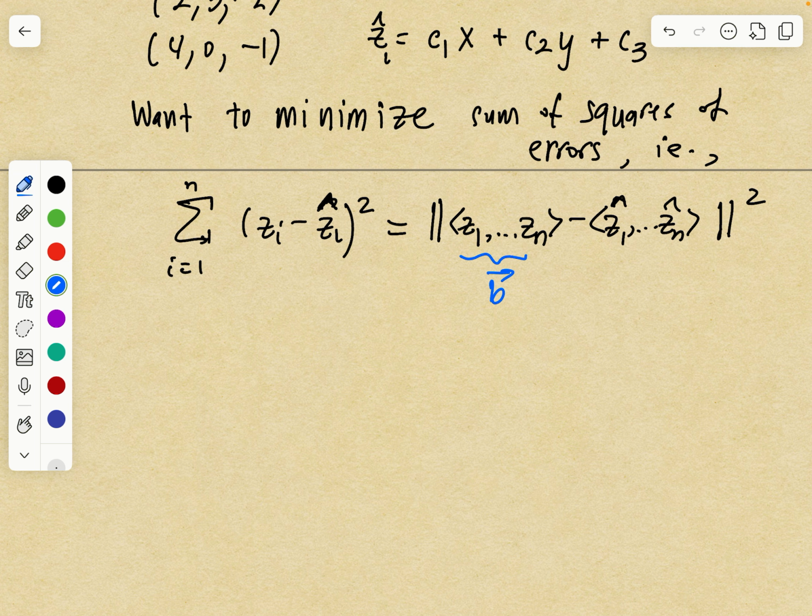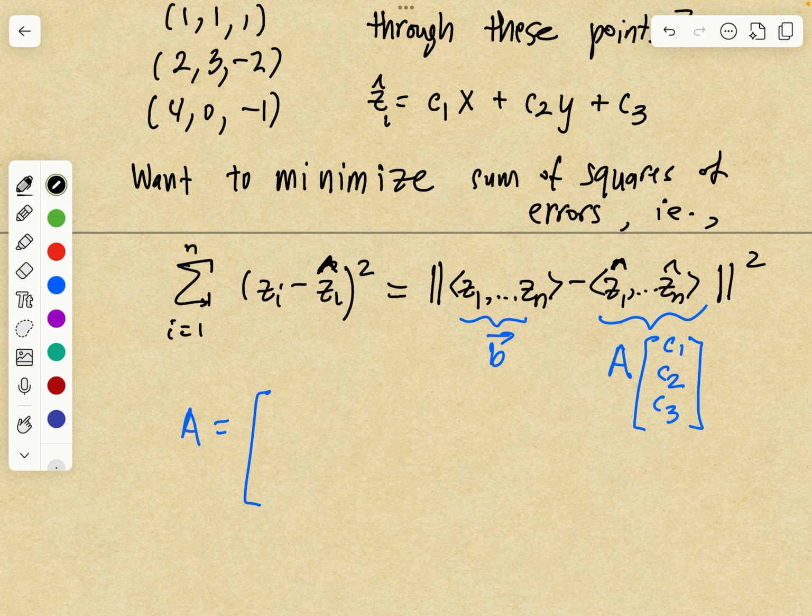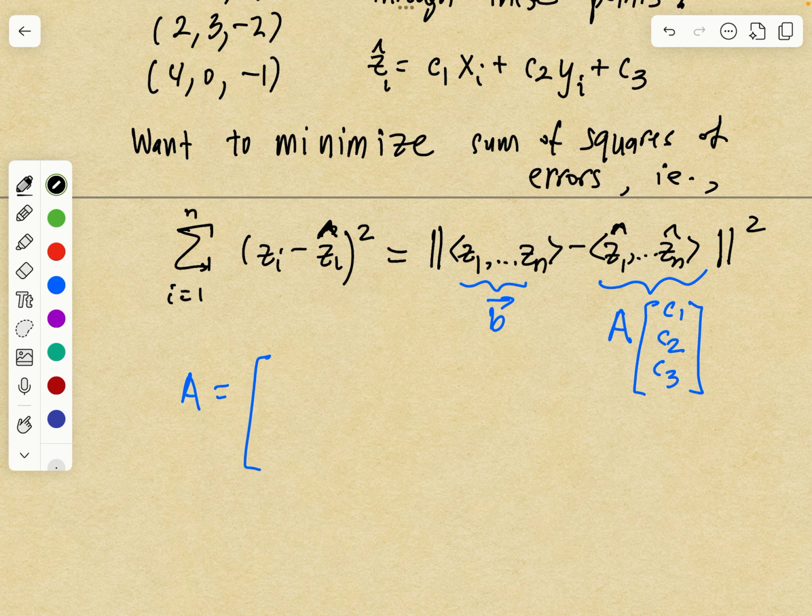And then this part is A times the vector (c1, c2, c3), where A is the matrix where you have x1 through xn, y1 through yn, and then all ones.